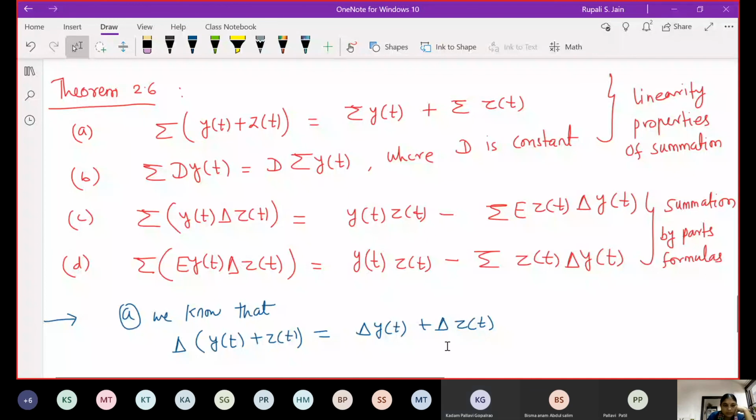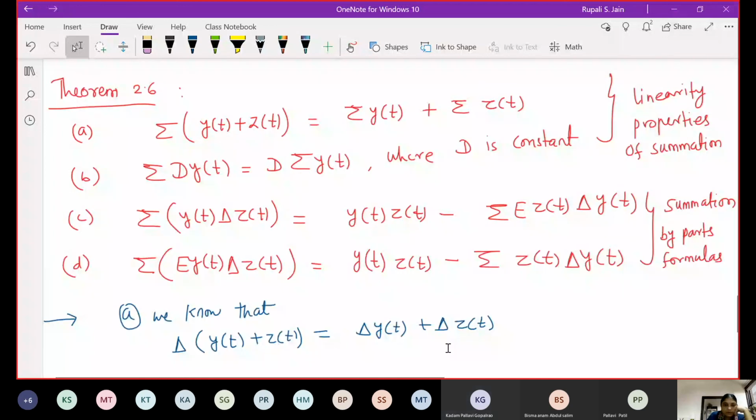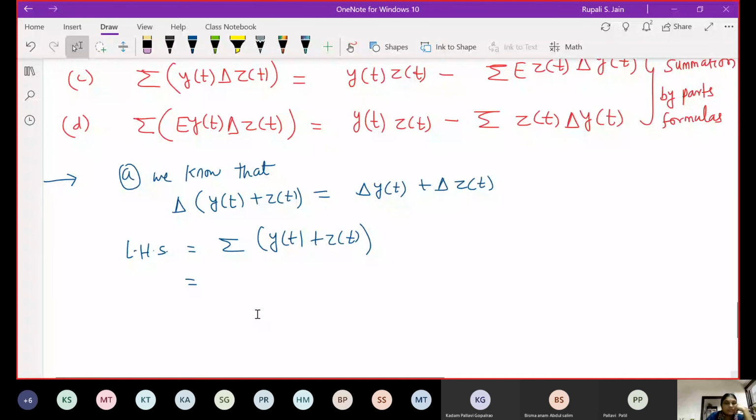I want to show LHS is equal to RHS, right? LHS is summation of yt plus zt. I want to prove it is summation yt plus summation zt, and using this.